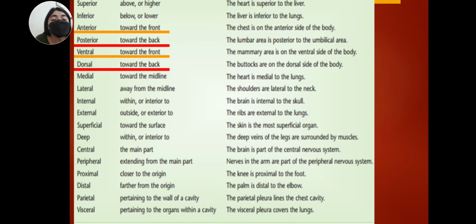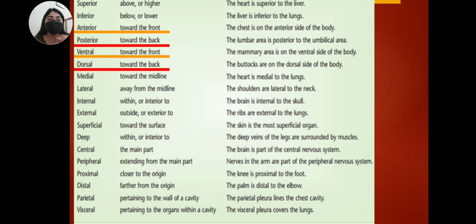So the visceral pleura covers the lungs. I will be showing that to you in the lecture on cavities. Again, I can give you the illustration of the membranes of the cavity for the parietal and visceral.